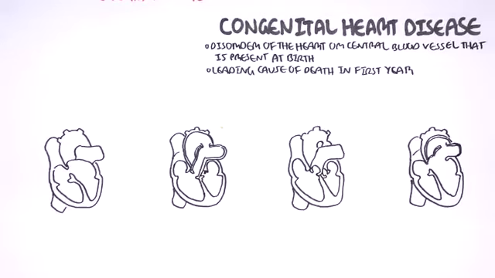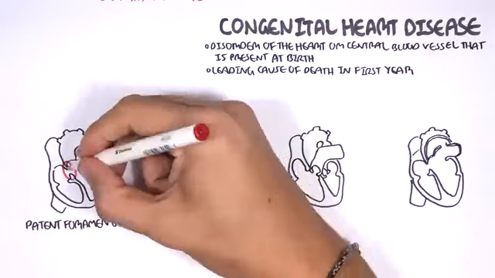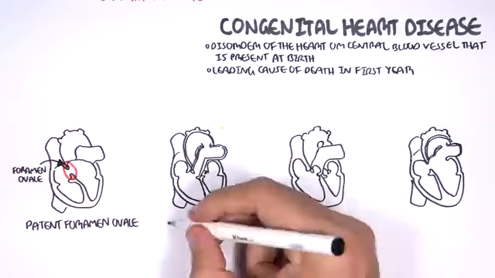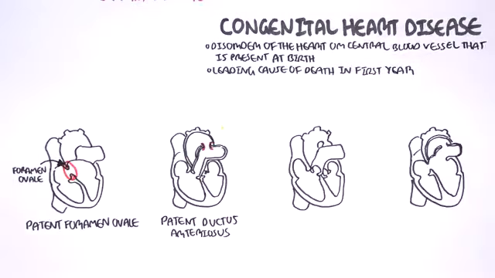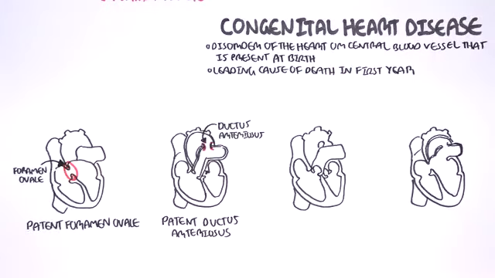Patent foramen ovale is where the foramen ovale does not close, resulting in a left to right shunt. Patent ductus arteriosus is where the ductus arteriosus does not close, resulting in a left to right shunt as well between the aorta and pulmonary artery.